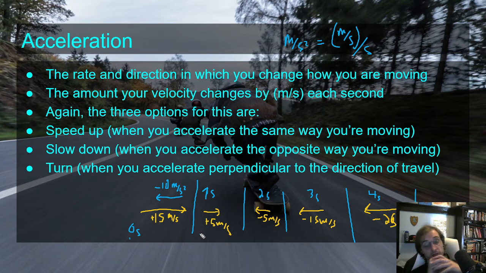If you add backwards to forwards, it makes it smaller because they're fighting against each other and you slow down. But watch what happens after 2 seconds, because after 2 seconds, the velocity is negative. It's going backwards. But we keep adding backwards velocity to that. If you take that backwards and you add more backwards, it just becomes a bigger backwards. And so you're actually getting faster.